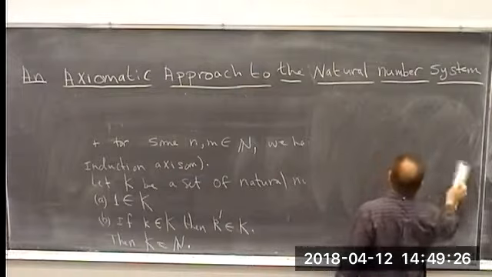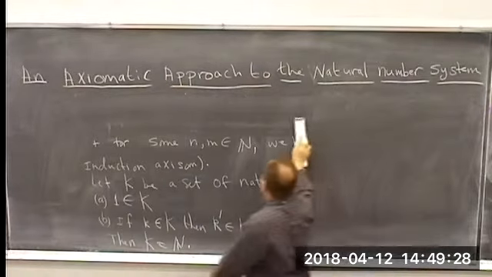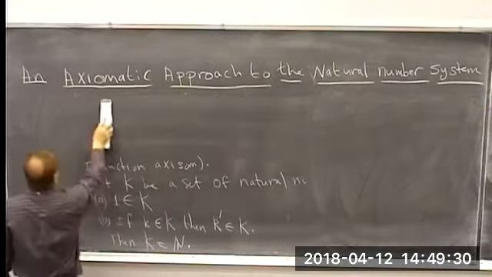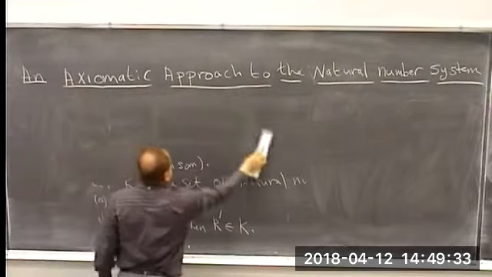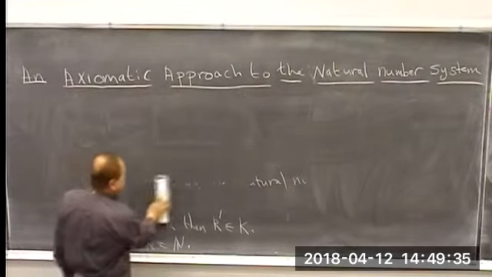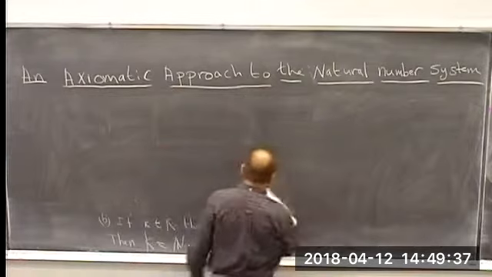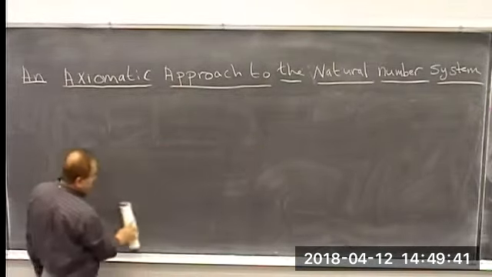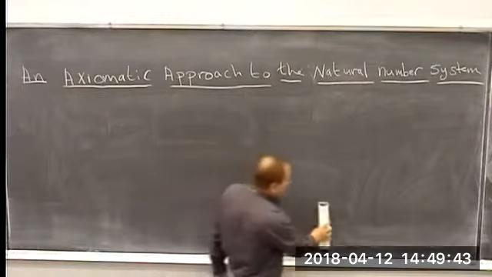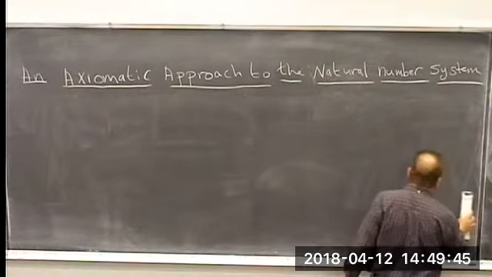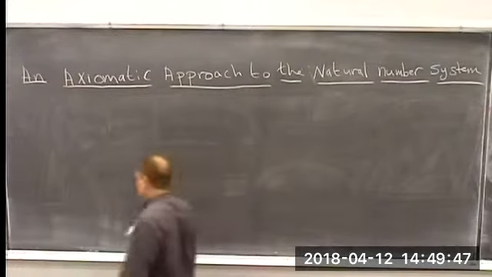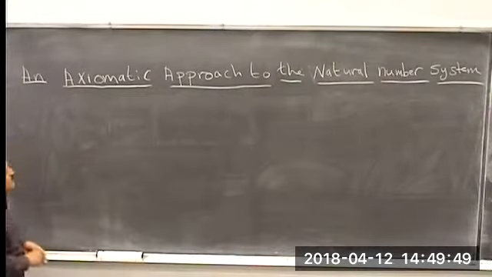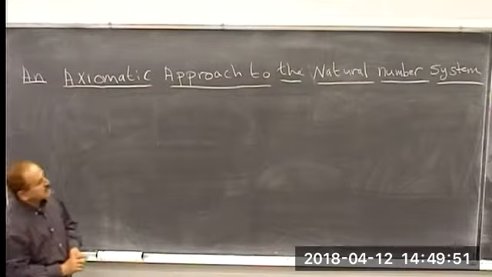But we're going to try to avoid assuming that things that we know are going to affect the way we approach the natural numbers, at least for this part, where we're going to develop the natural numbers from these axioms. But later on, we're going to, of course, go back to what we got used to.